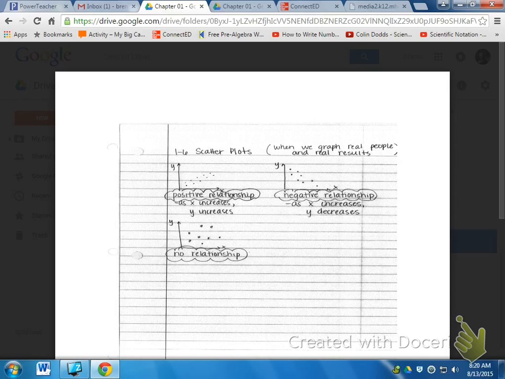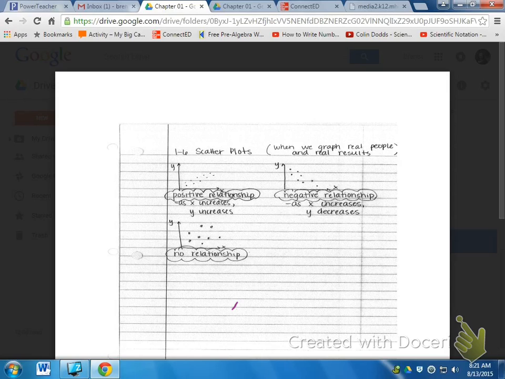People aren't perfectly at this height because they're this age, or whatever the relationship that it's studying. Everything isn't perfect. So what happens is you get what's called scatter plots, and the points that are plotted are maybe all over the place.